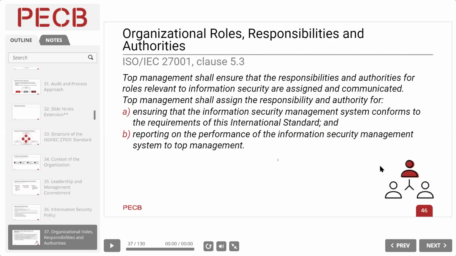And it's the same with information security. Basically what this clause is saying is that you need to set up a unit. You need to have somebody who is responsible for setting up the management system, managing it, and reporting the performance of the management system to top management.